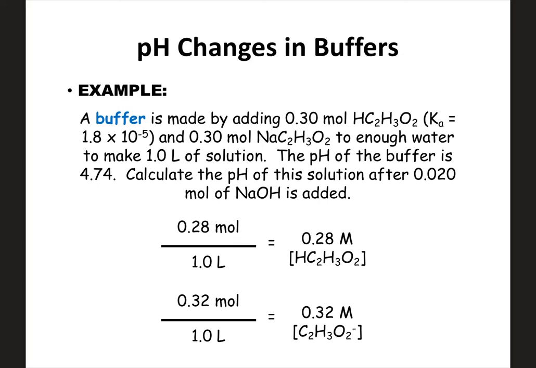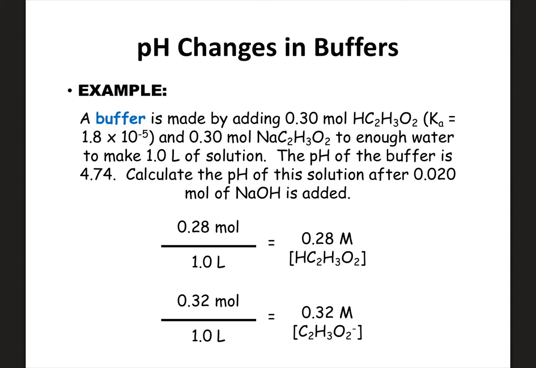So just be aware of that. Don't just plug these numbers in. You must be in molarity. In this case, it's actually pretty easy because we only have 1 liter here. So the moles basically become the concentration when you divide. So you have the concentration now of the weak acid and the concentration of the conjugate here that are going to be present after you add this certain amount of NaOH.